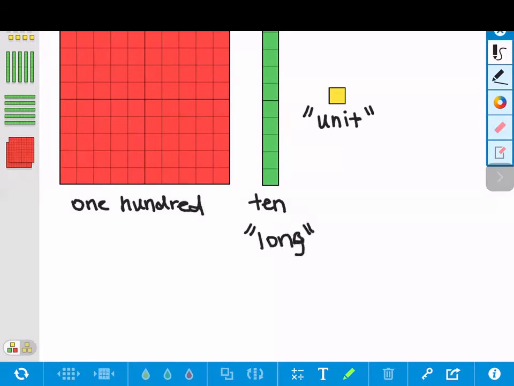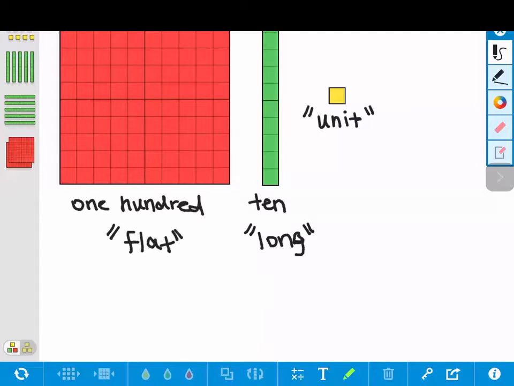Because it's just one long piece of 10 or B, depending on whatever our base is. And then this 100, which represents 10 squared, is going to be called a flat. So these are just generic terms so that we can use the same terminology in all of our bases.